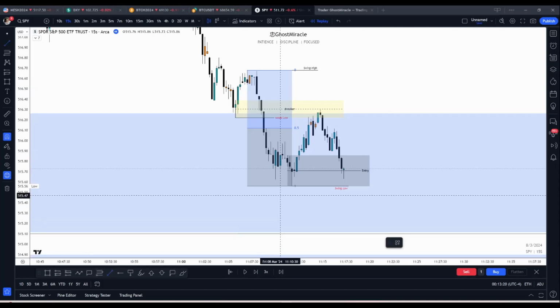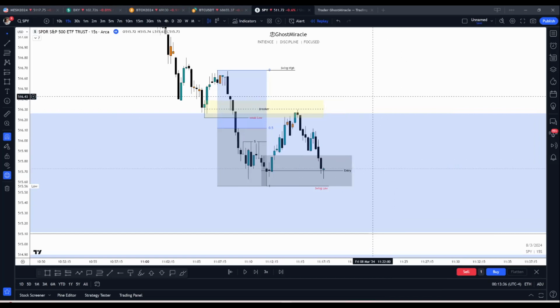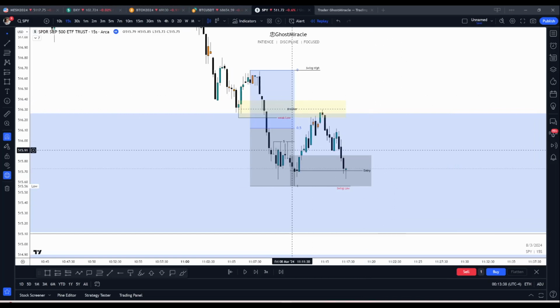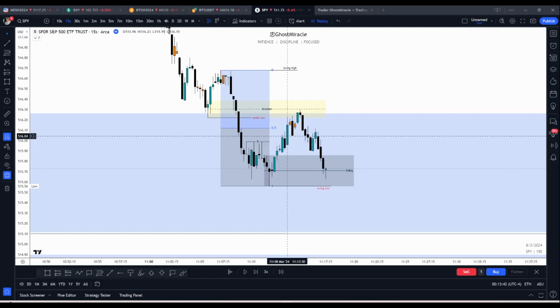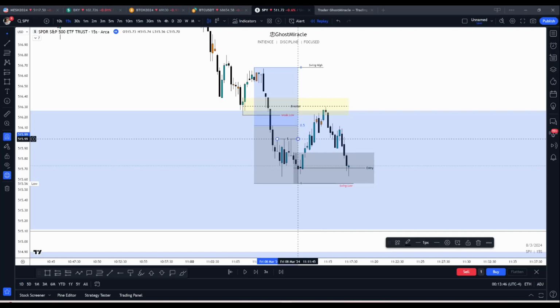For the second entry, this is liquidity, which is a good target. But also from what we've learned from Nez's teaching, we don't really treat these breaks with liquidity as valid breaks.